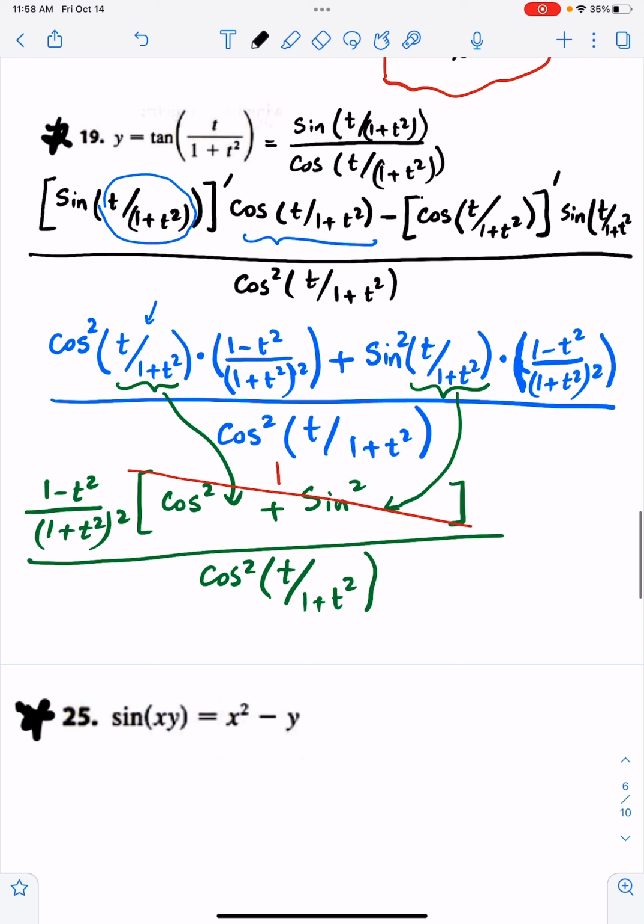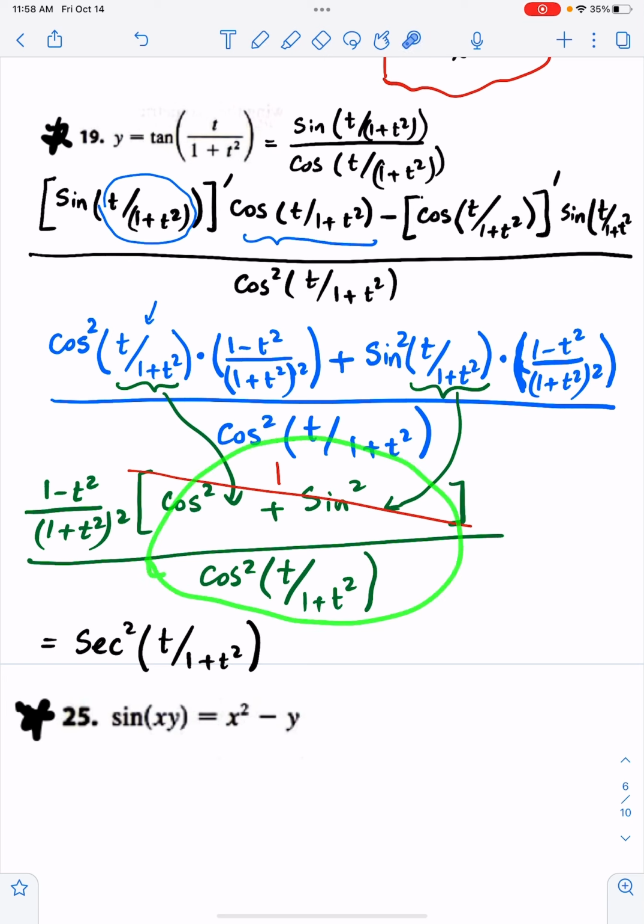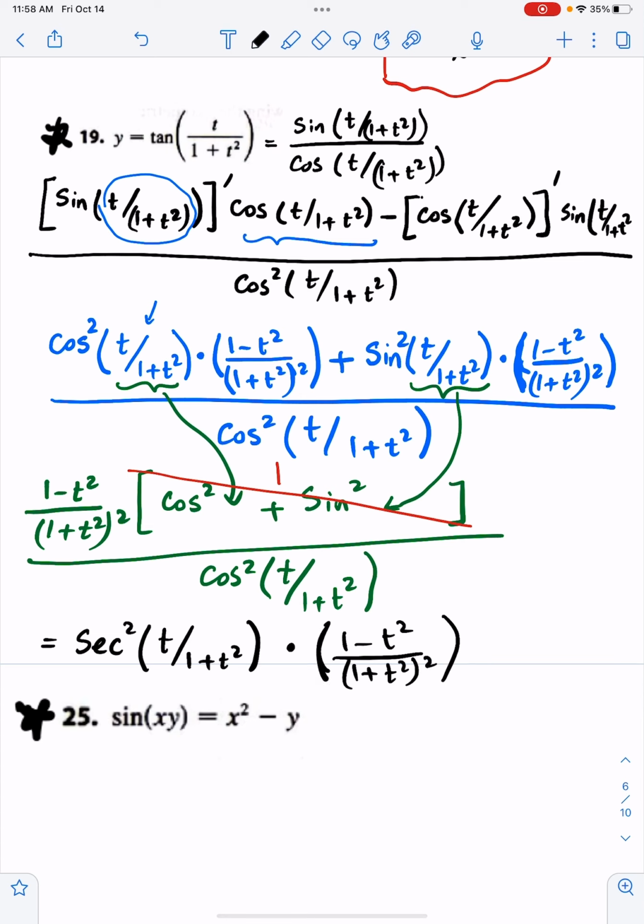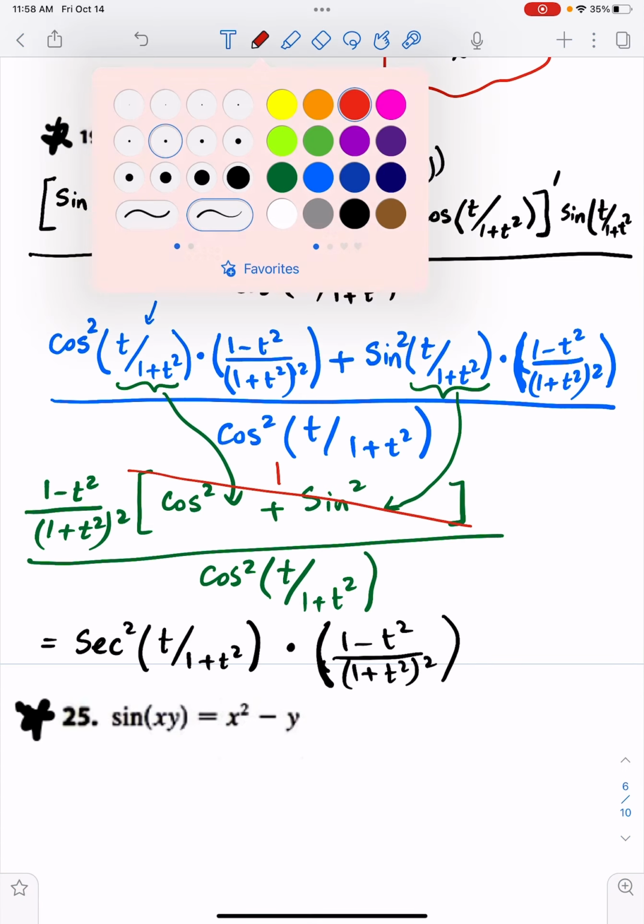So that's equal to secant square of t over 1 plus t square. So that's for this piece together. 1 over cosine square is secant square times 1 minus t square over 1 plus t square, squared. Okay, and that's the final answer here.